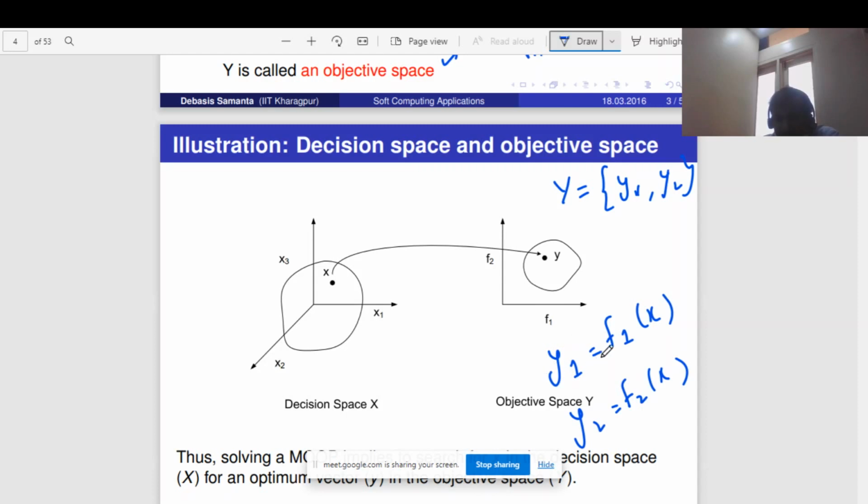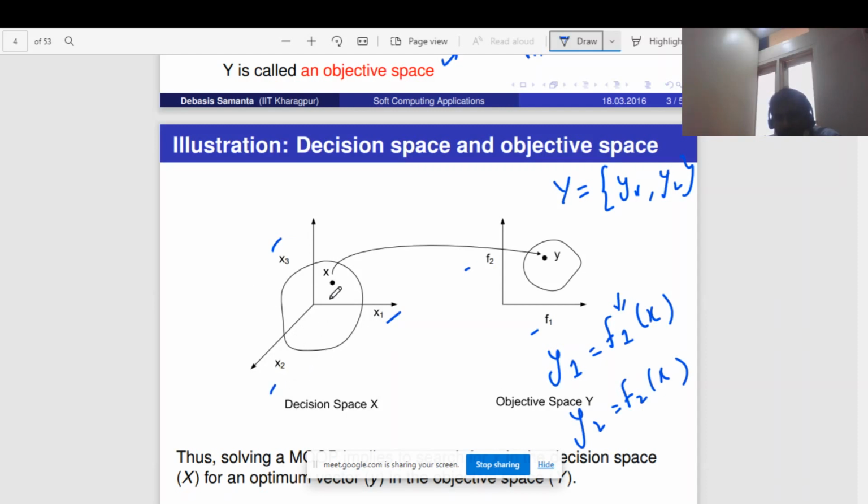So this is how we will calculate y. y is a combination of y1 and y2, where y1 is from the function f1, and y2 is from the function f2. Based on that, some point is created. But again, there is a mapping from the input. For input, let us assume there are three variables: x1, x2 and x3.